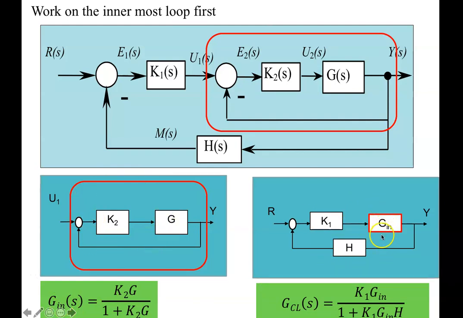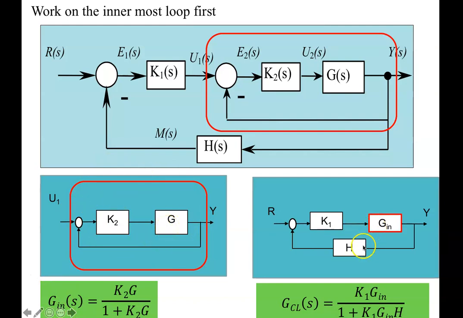Now once you get here, that's a block diagram we have practiced. Input is R, which is the same as this. Then I have K1, so I copy the K1 here, and H, I copy the H here. The only thing I replace is that block. I'm replacing it with GIN, because in step 1 I worked out the transfer function for that block.